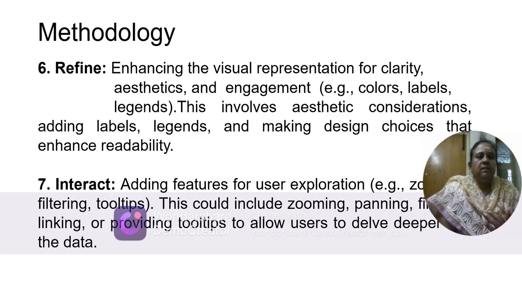And adding on to the last stage is interact, how other features are to be added to make it more exploratory and highly impactful, like zooming, filtering, adding tool tips, and making your visual representation more communicable.